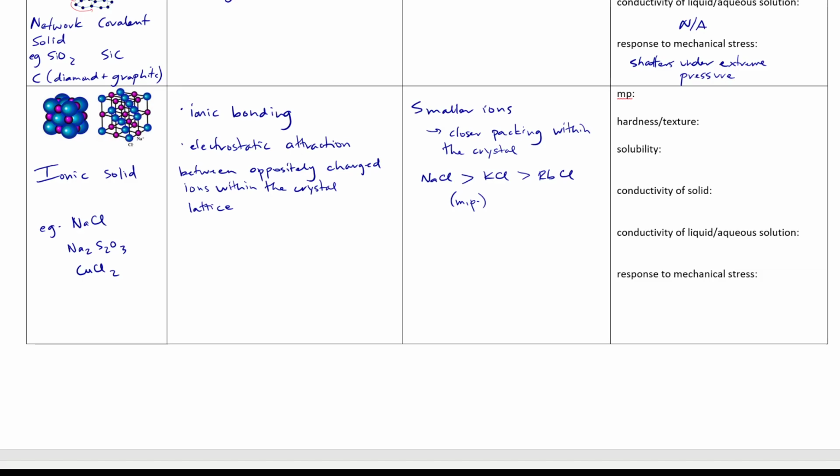The other factor that leads to a difference in strength is bigger charges, so larger charges on the ions. So if you have larger charges on the ions, then you will have greater forces of attraction.